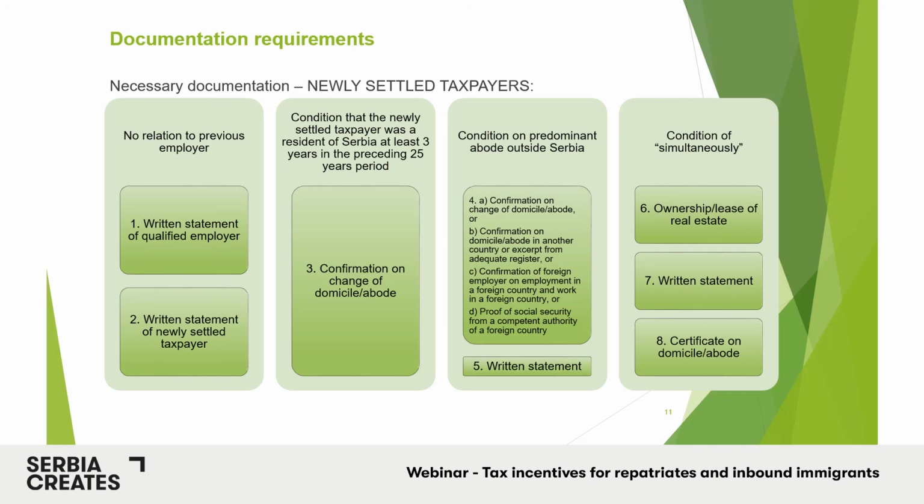So you don't need to obtain any ruling from the authorities, but you actually keep the documentation according to the bylaws, which prove that you have met the conditions for this incentive, and you provide them to the authorities if they begin an audit. But there is no approval procedure, and you start applying the incentive immediately.